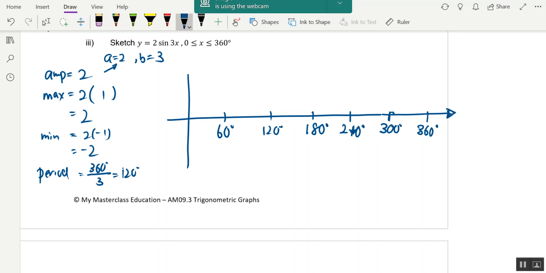Another thing is the maximum point is 2. The minimum point is negative 2.